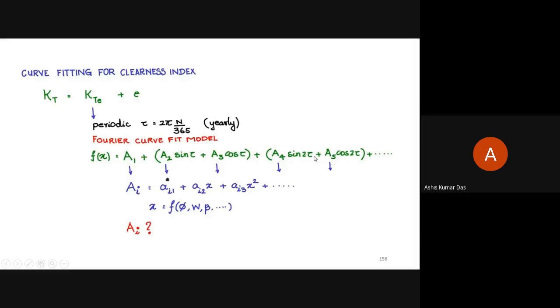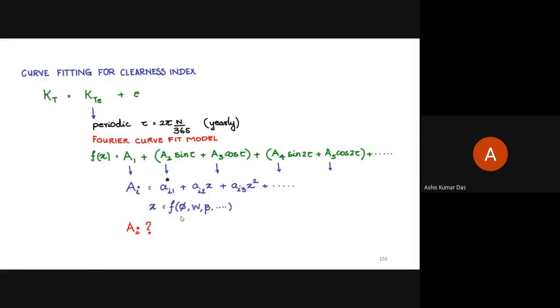So this is the Fourier series curve fit model, which has the fundamental and harmonics of the fundamental. And now what is the value of this x? This is a function of x, meaning x is given in terms of the coefficient parameters.